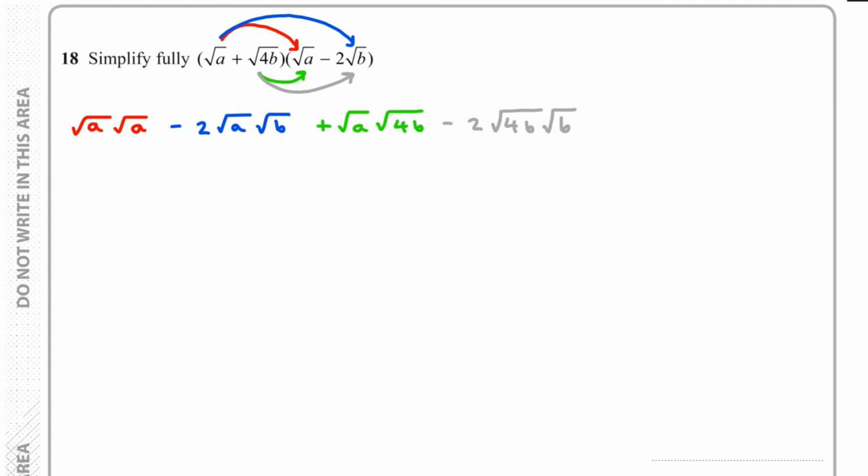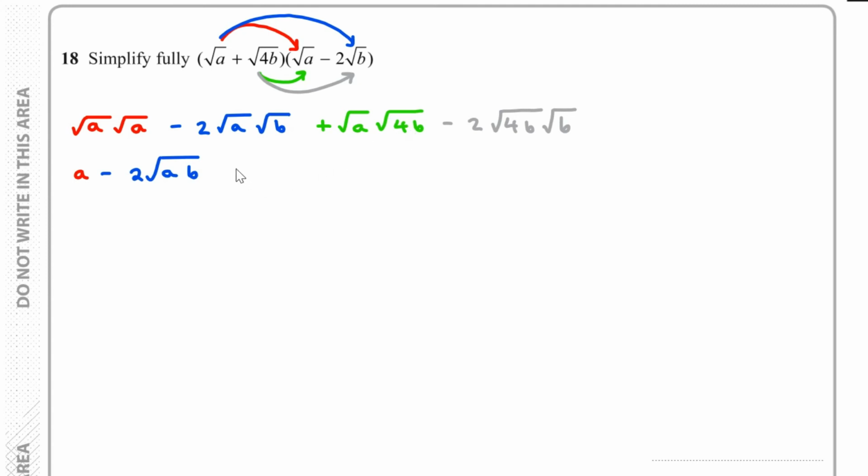So now we need to tidy all this up. Well, square root A times square root A, that's just A. And then here we've got minus 2 times square root A times square root B. And then here we've got square root A times square root 4B. So here we've got, well, square root 4, that's 2.